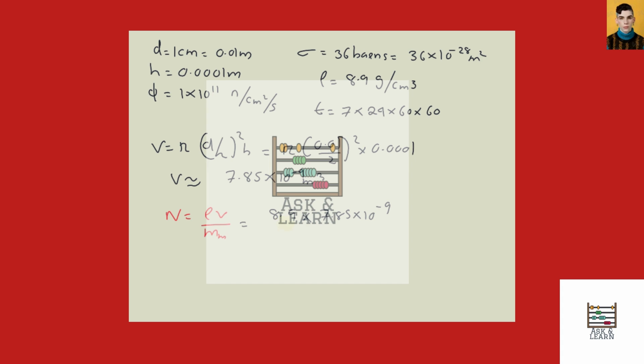We need to convert that into kilogram per meter cube. You can multiply by 10 to the power 3 and you get kilogram per meter cube divided by the molar mass. So the molar mass is given as 58.93 gram per mole.